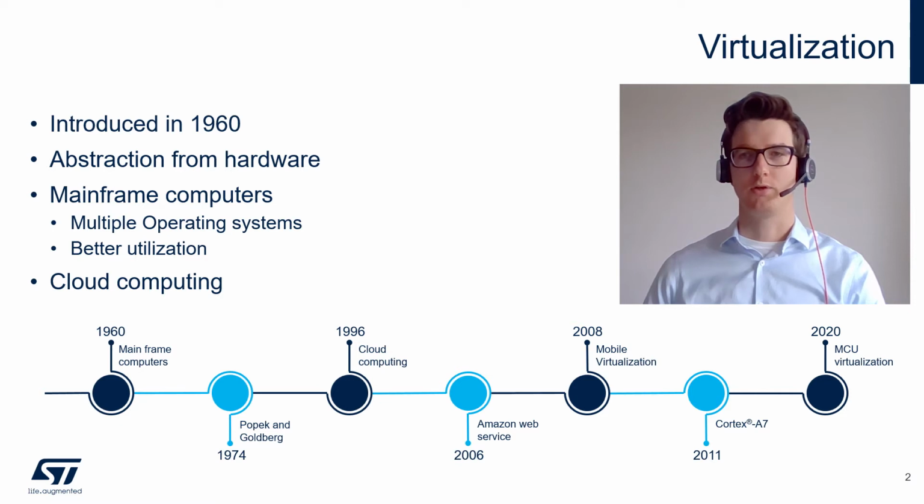It took 3 more years for ARM to introduce the virtualization extension to the ARMv7 architecture with the Cortex-A7. So that application processor provides a set of hardware features for virtualization, interrupts, exception levels, and all that we will talk about. And today, in 2020, we have microcontrollers that include virtualization as well.